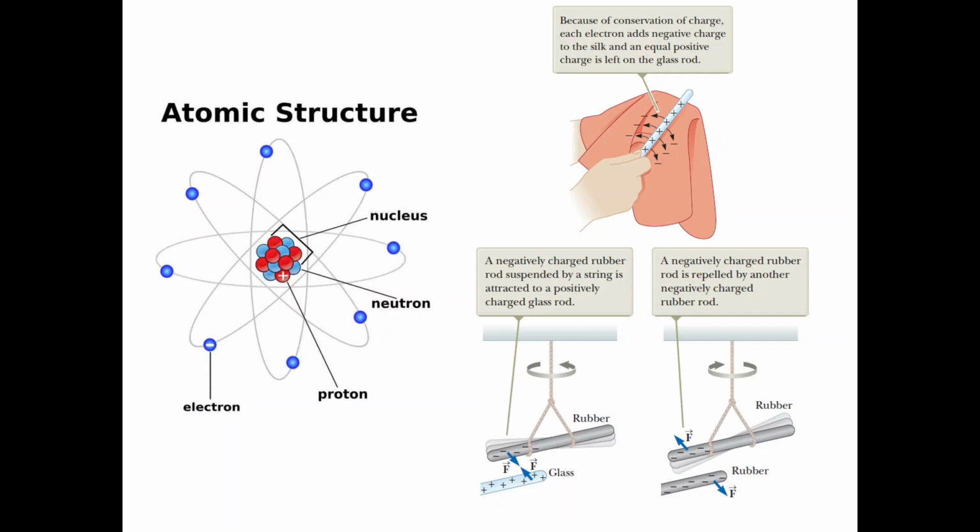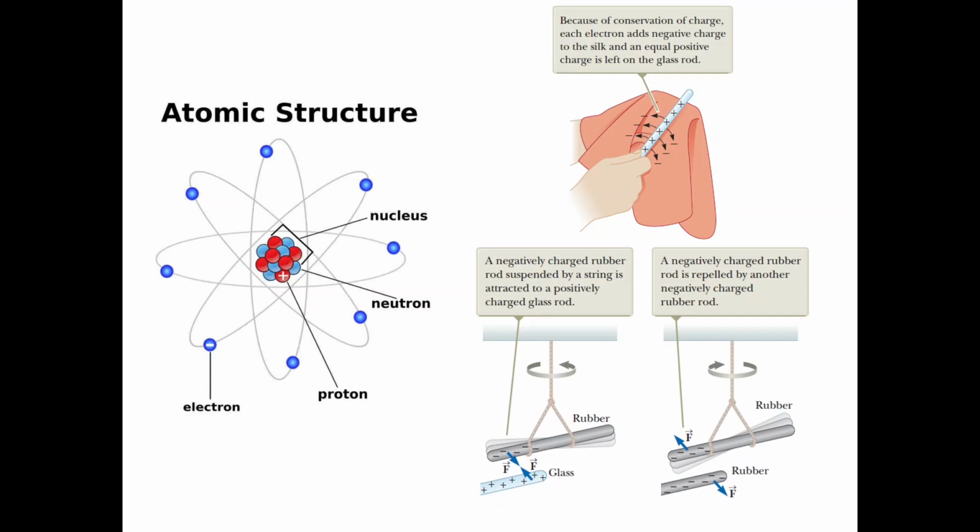So if we take two different materials, let's say some silk and glass, and put them in contact with some friction between them, there is a chance that some of these electrons will be redistributed. So in this case, we charge silk negatively and the glass stick is charged positively.